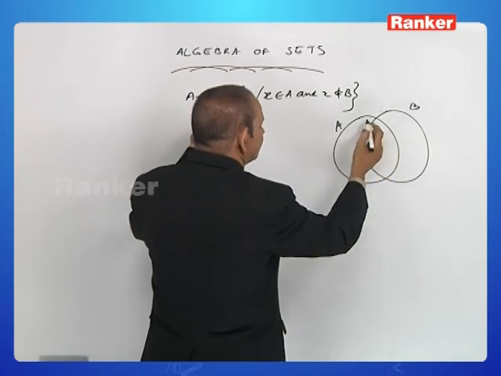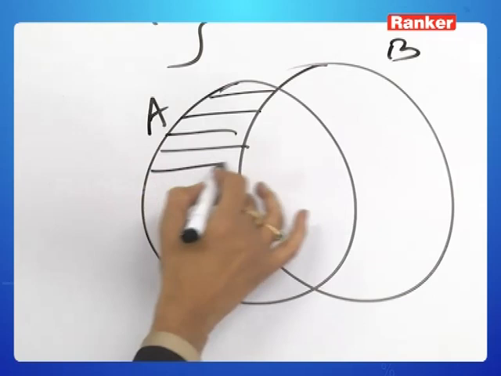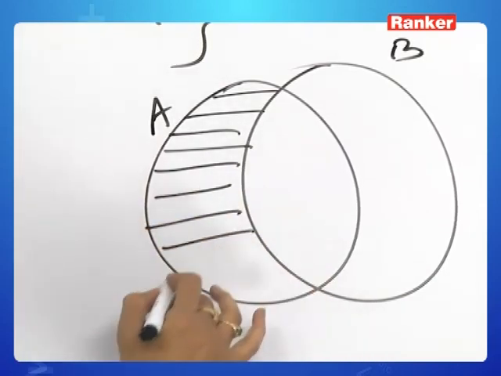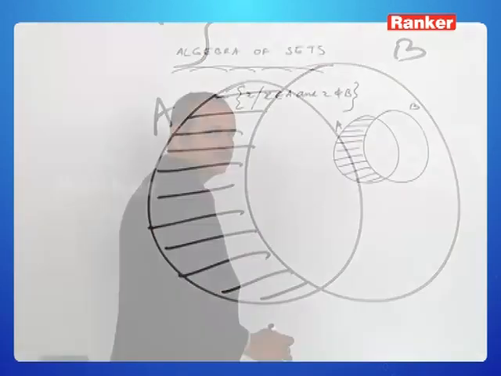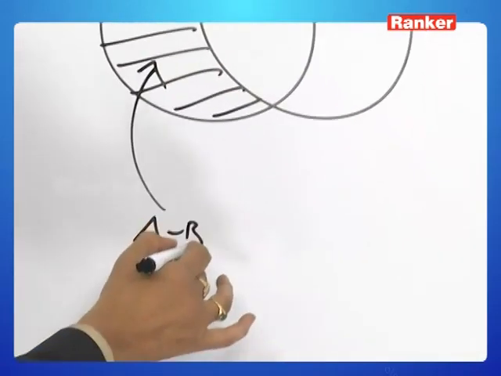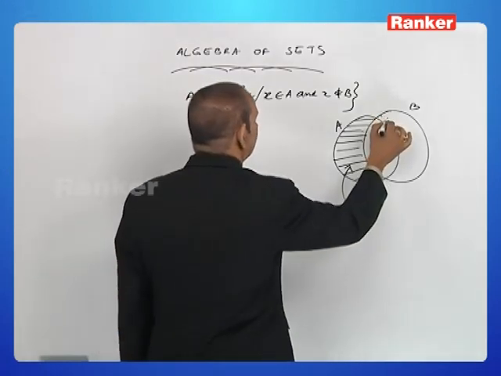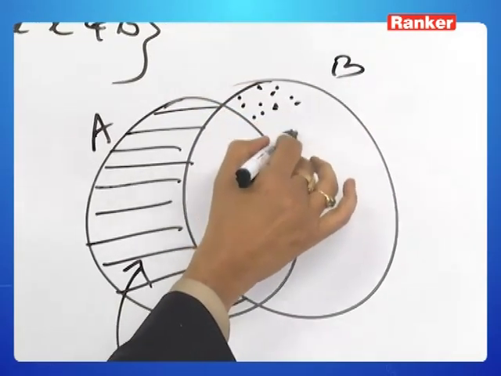After deleting it, this is the portion remaining. This is A minus B. You represent this region using dots.